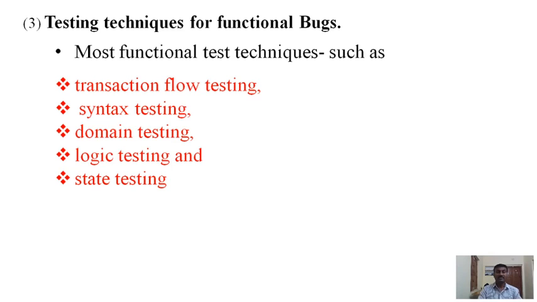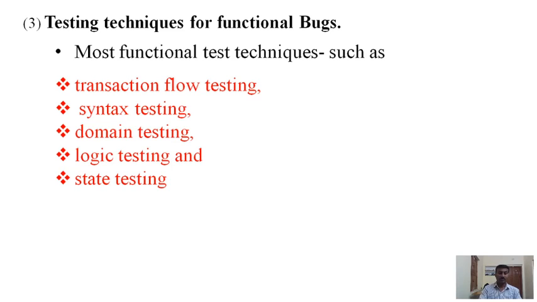With transaction flow testing, we can test how transactions flow from one state to another. Second, syntax testing: syntaxes are tested, that is, whether the program is developed using proper rules and the syntax is right or wrong. Domain testing checks whether we are using the proper domain or not. Logic testing checks whether the logic is implemented in a proper manner or not.